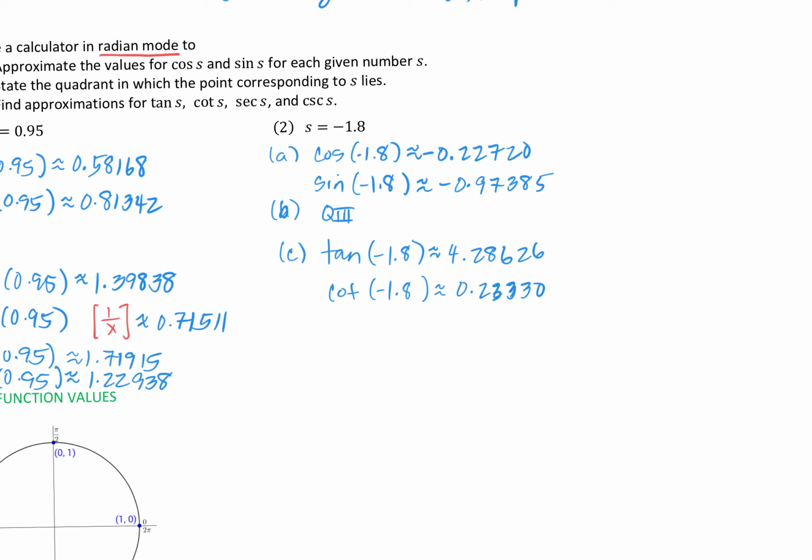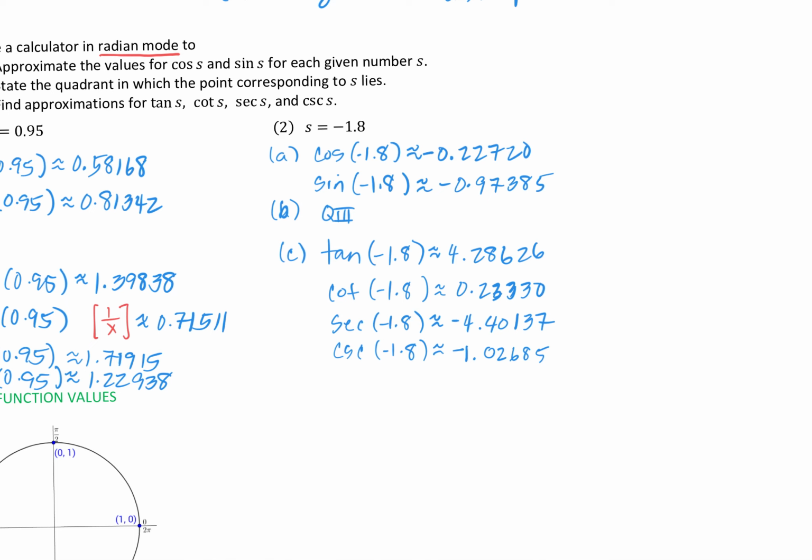So secant of negative 1.8. Secant is a reciprocal of cosine. I have negative 4.4013. I'll stop at 7. And then cosecant of negative 1.8, that would be the reciprocal of sine, which would be negative 1.02685.